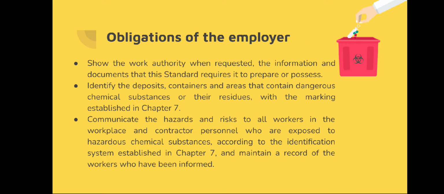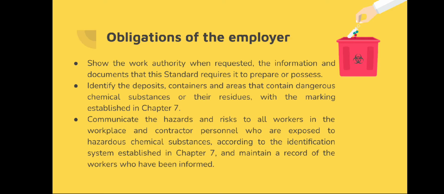Then we have the obligations of the employer, who has the obligation to show the work authority, when requested, the information and documents that the standard requires to prepare or possess. Then also identify the deposits, containers, and areas that contain dangerous chemical substances or their residues with the marking established in Chapter 7.